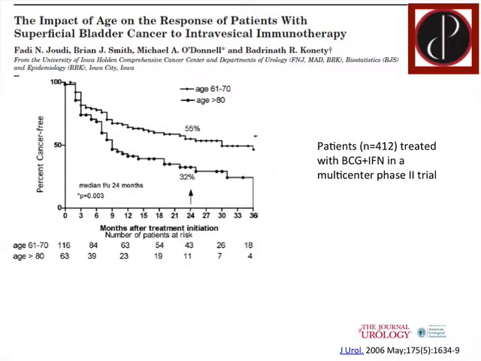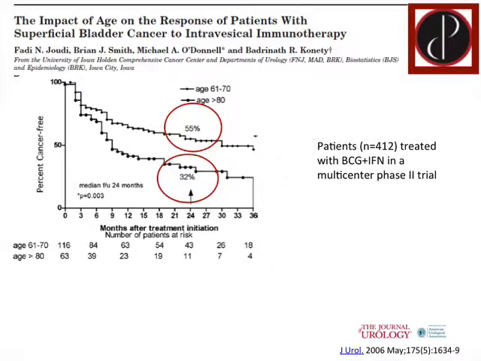So good work by Joudi et al., published in 2006 in the Journal of Urology, looked at patients with superficial bladder cancer, 400 of them treated with BCG plus interferon.